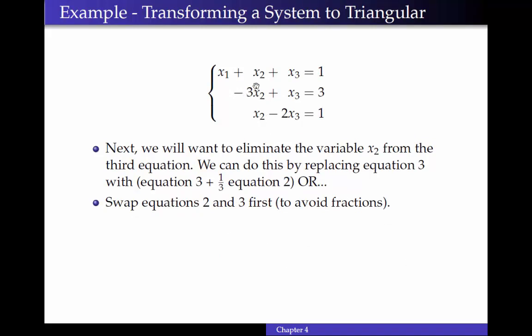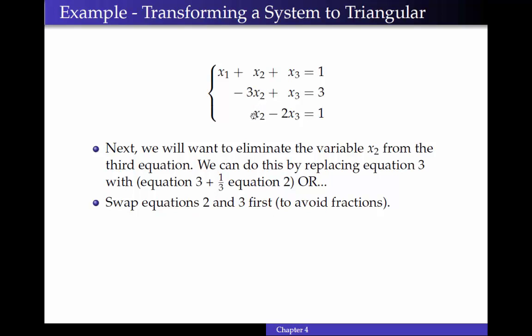So when I go to do that, I have to keep in mind the 3 possible row operations I can do. Certainly, I'm allowed to multiply this second equation by 1/3 and then add together these 2 equations. If I want to not use fractions, if I want to be lazy, which I usually do, I can swap the second and third equations.